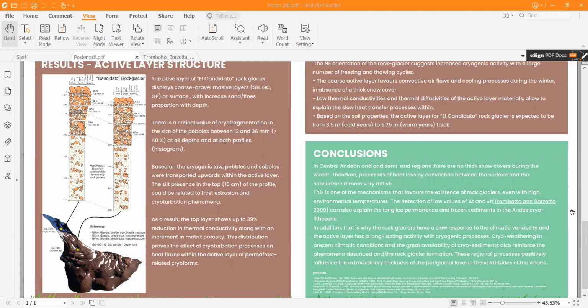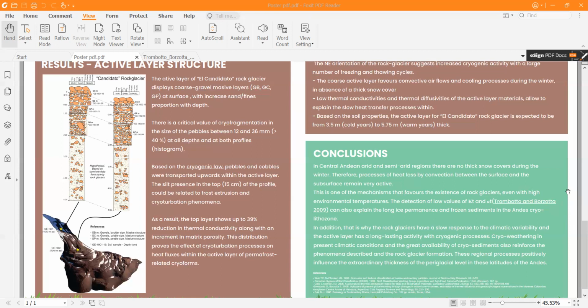The detection of low values of diffusivity and also low values of conductivity can also explain the long ice permanence in frozen sediments in the Andes. In addition, that is why rock glaciers have a slow response to climatic variability.